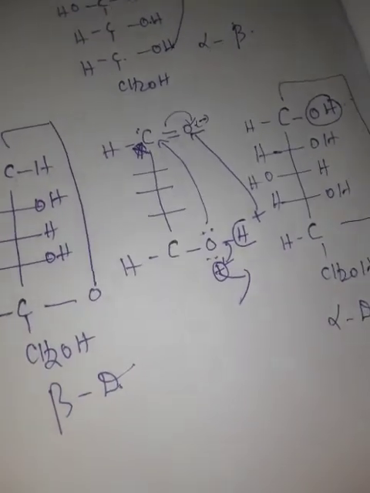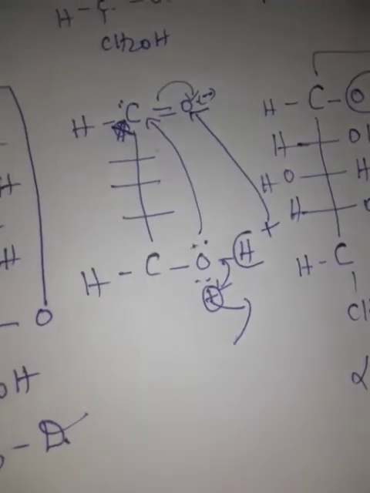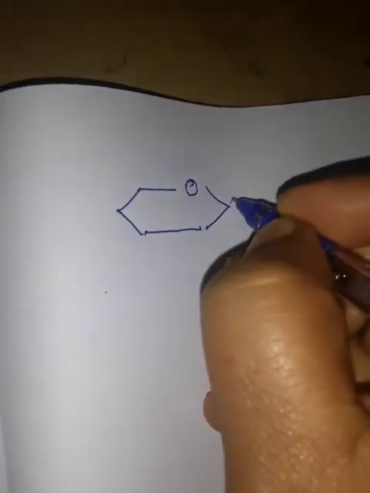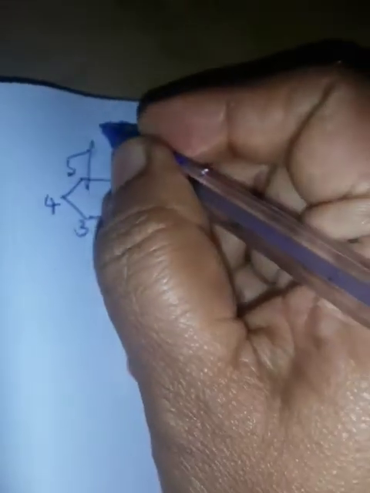This can be kept in a cyclic structure called the Haworth projection formula. See how it can be drawn. Totally 6 carbon atoms, so O should be in the right corner. Then first carbon, second, third, fourth, fifth carbon, and sixth carbon.